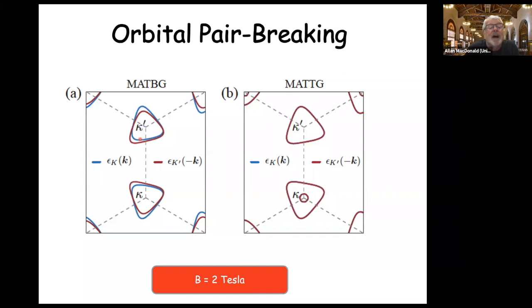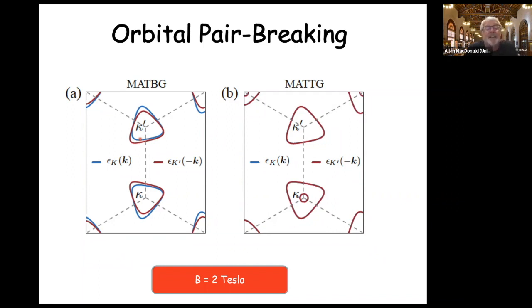What I've plotted is the constant energy surface in k space in one valley, and the constant energy surface in the other valley, but with momentum reversed. And you can see that these two constant energy surfaces are different.